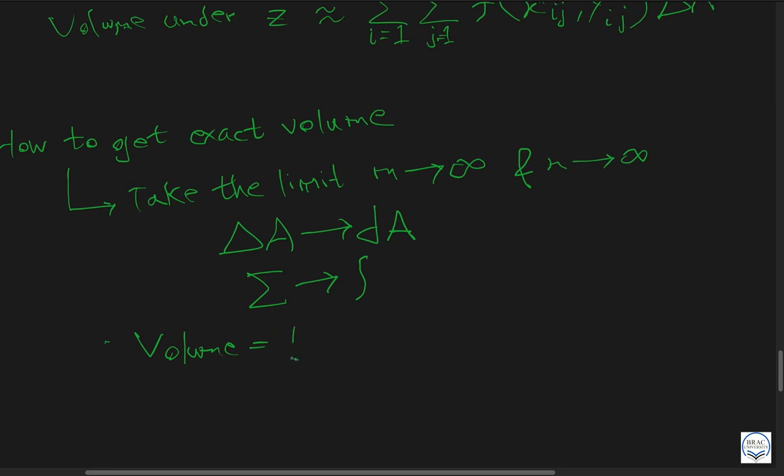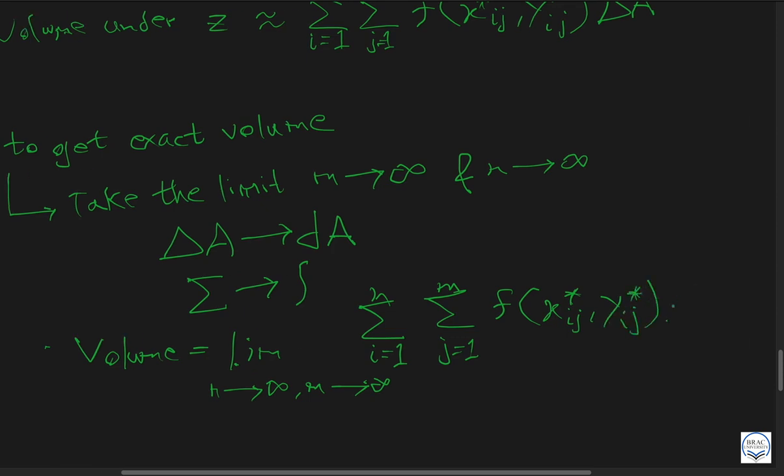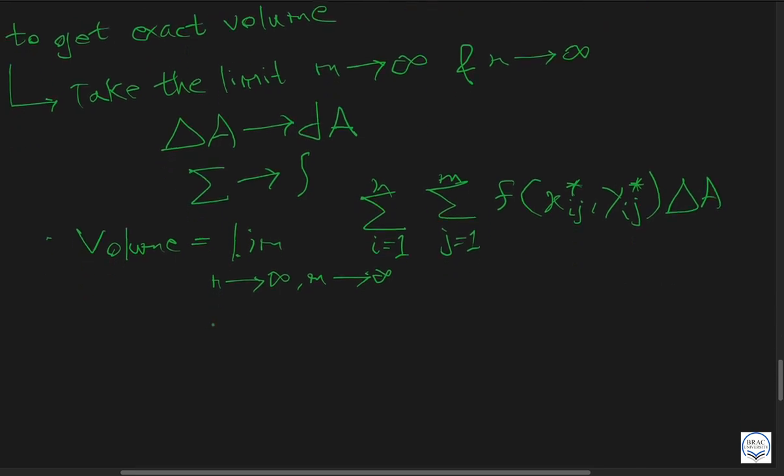So now we have the exact volume as the limit as n goes to infinity, m goes to infinity, of the sum of the value of the function at each star point times the base area.